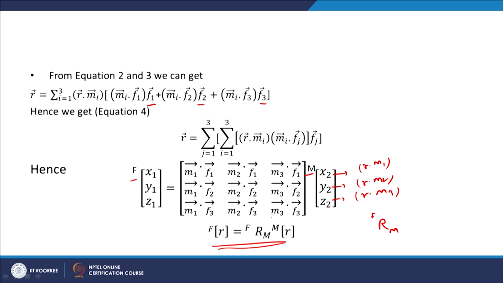So, the 3 columns are simply the coordinates of the m1 vector, m2 vector, m3 vector, and we know that these 3 vectors are mutually perpendicular and of length 1. So, the matrix represented by this expression is an orthogonal matrix.